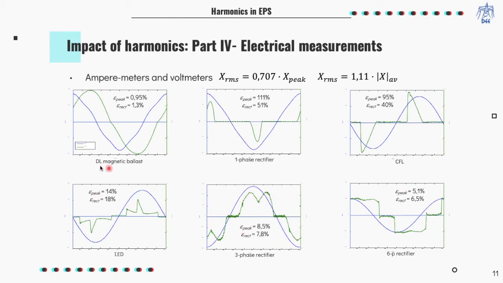We have represented the currents from discharge lamps with magnetic ballasts, single-phase rectifiers, compact fluorescent lamps, LED lamps, three-phase rectifiers, and 6-fold rectifiers. We can observe that the more the current differs from a sinusoidal waveform, the greater the error of the root mean square value. For example, a single-phase rectifier or compact fluorescent lamps.